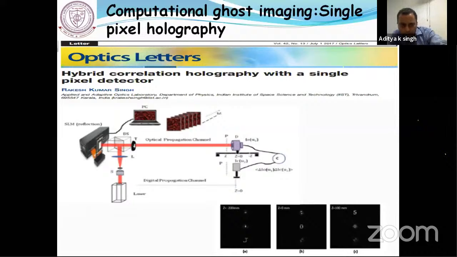This random pattern, or you can say stochastic light, illuminates your structure T, and this light will propagate towards the single pixel detector, where the entire speckle pattern is integrated through the single pixel detector D.